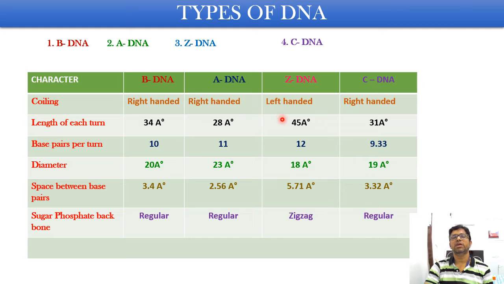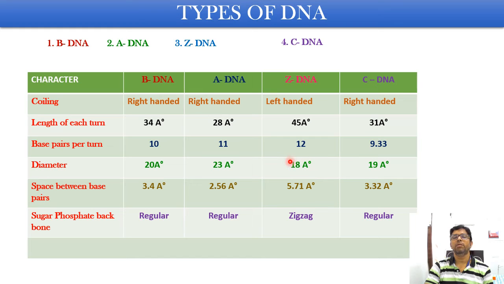Coming to the zDNA, which is the left-handed DNA. The coiling is in left-handed orientation, which is entirely opposite to bDNA. The length of each turn or coil is about 45 angstroms, and the number of base pairs in each coil is 12.